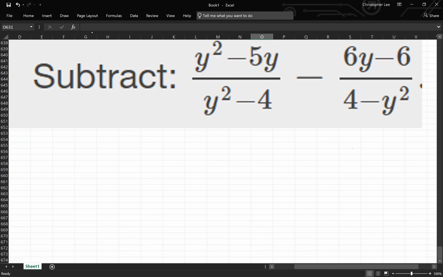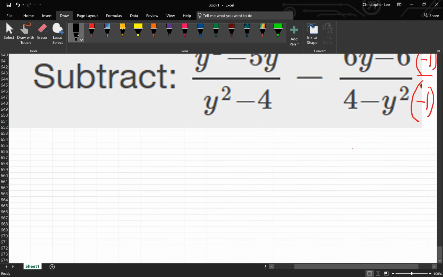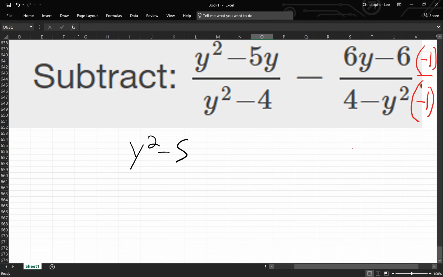But we gotta do some complex stuff also. That's gonna be fun. Wait till y'all see that. All right, so look, first thing I want to do, I want to multiply this by -1, numerator and denominator. So what do I have now? I still got the y squared minus 5y over the y squared minus 4.